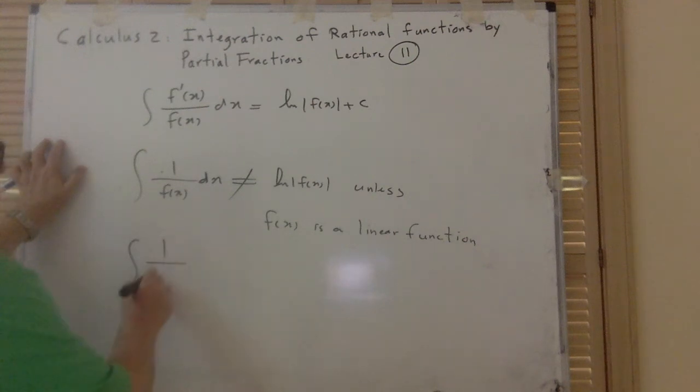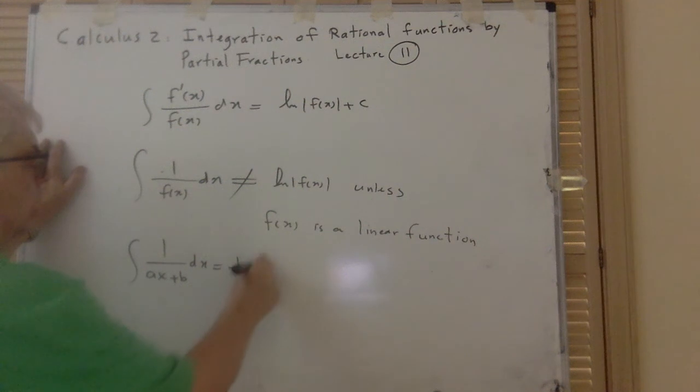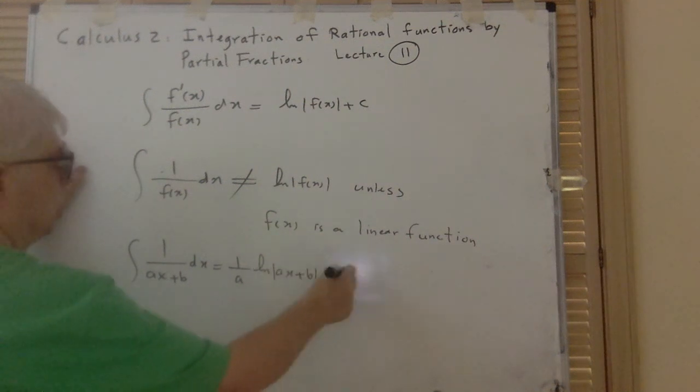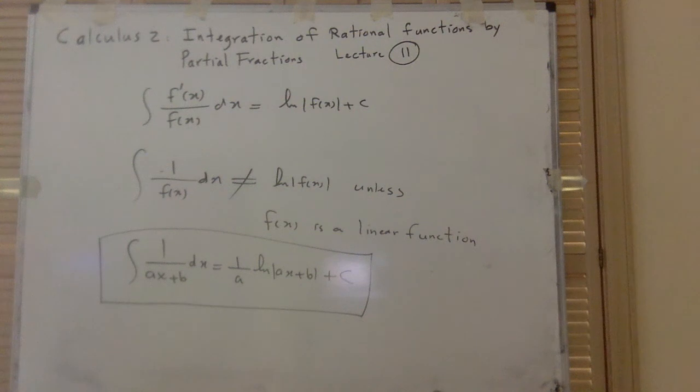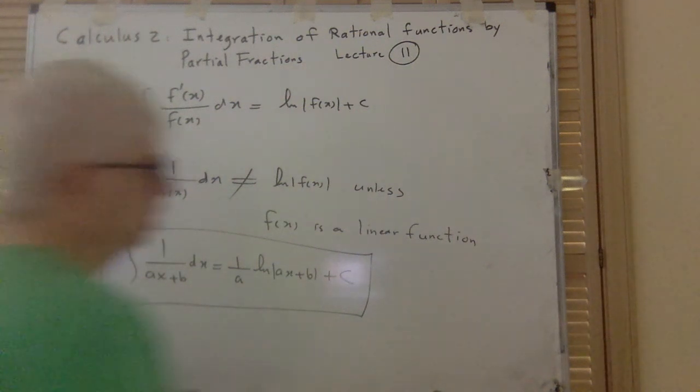Unless fx is a linear function, like what? 1 over, say, ax plus b, this is the most general form, and that is in fact 1 over a ln of absolute value of ax plus b plus c. Now if a is negative, negative 1 for example, an example of this is something like this.